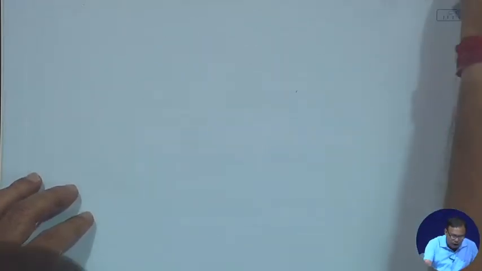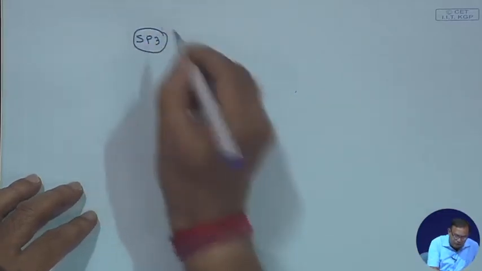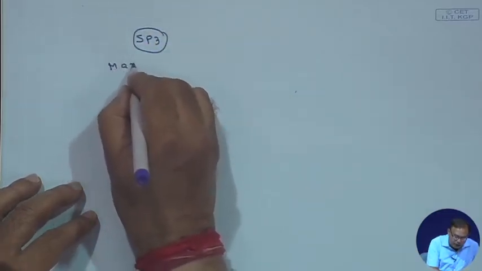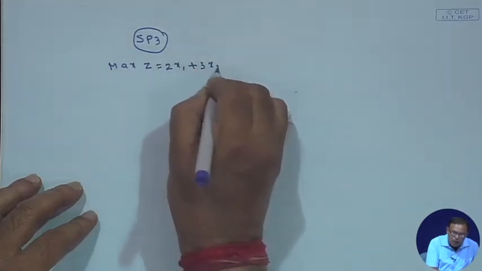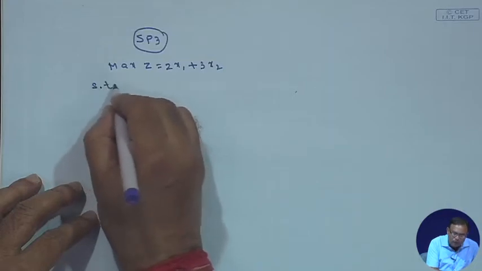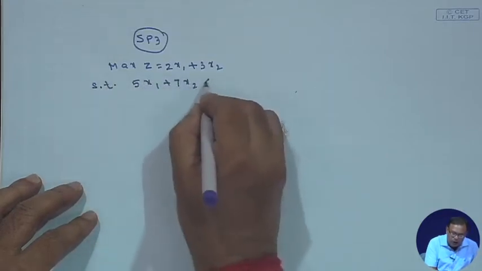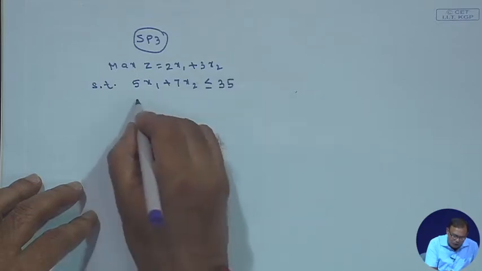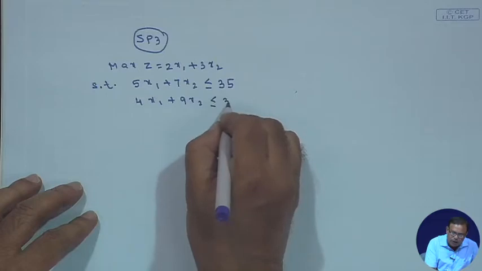So, I can write down your SP3 as maximize z equals 2x1 plus 3x2 subject to 5x1 plus 7x2 less than equals 35, 4x1 plus 9x2 less than equals 36.